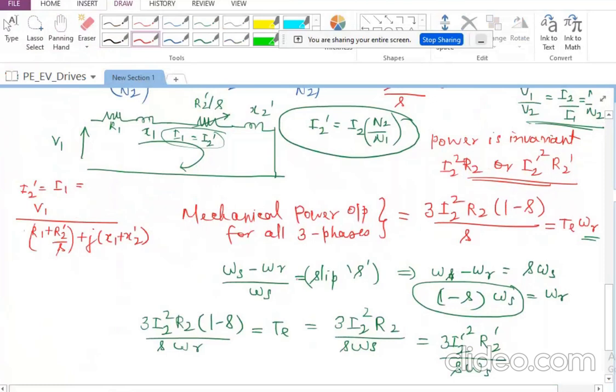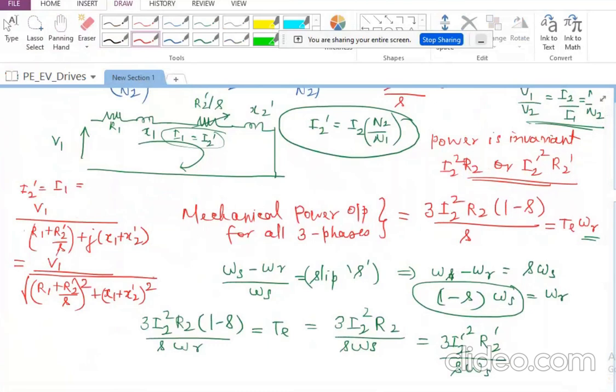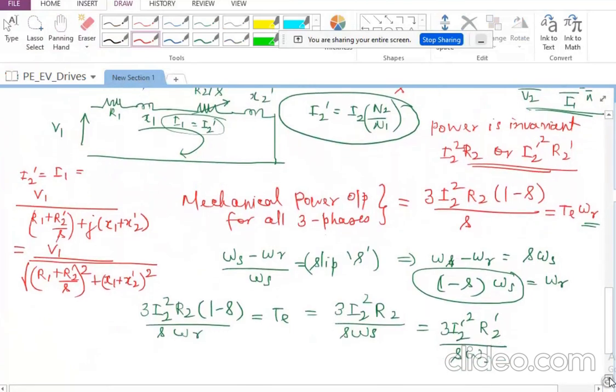This is the current value. So I can also write this as V1 divided by the square root of R1 plus R2 dash divided by S the whole square, plus X1 plus X2 dash the whole square. Okay, so this actually gives the current expression for the induction motor.